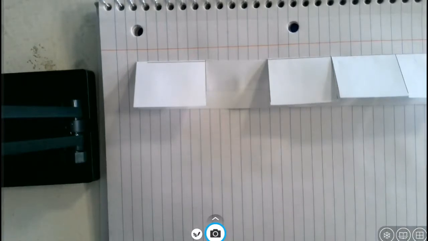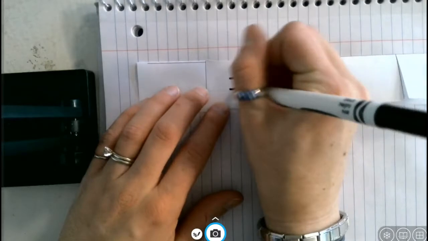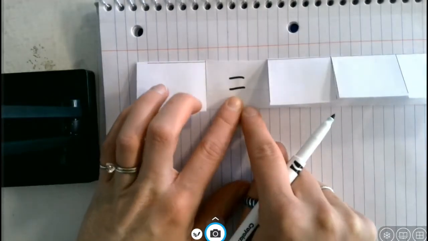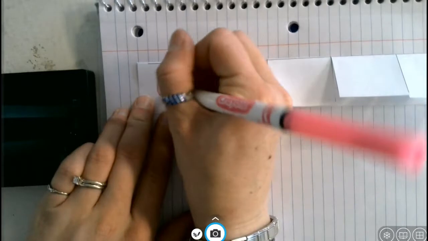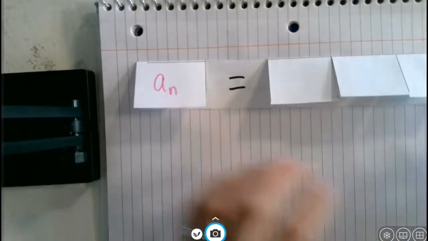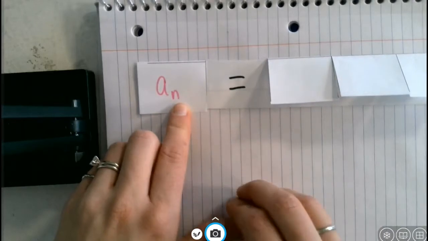Okay, so here is our equation. This right here, the place that I told you to cut out, that's going to be your equals sign. So go ahead and do that. And then again, I do want you to use different colors here. So I have my a sub n, and it's really important that we know that this is a subscript, so it's below.